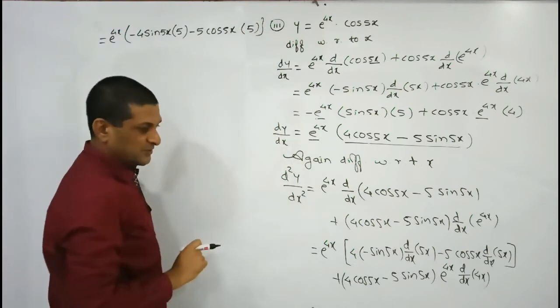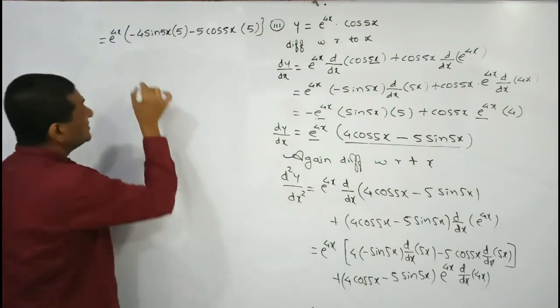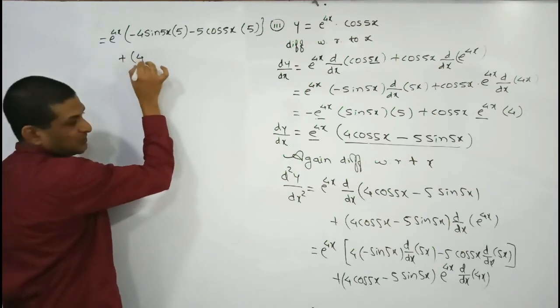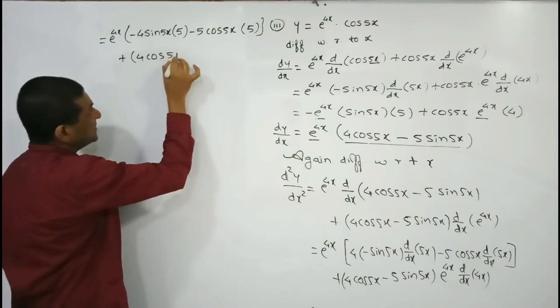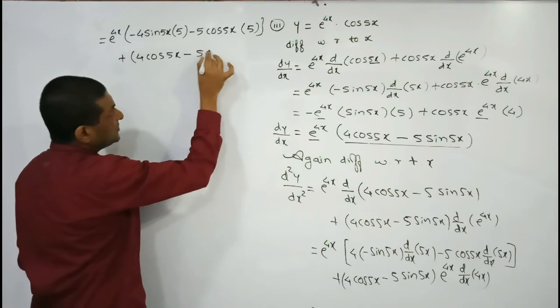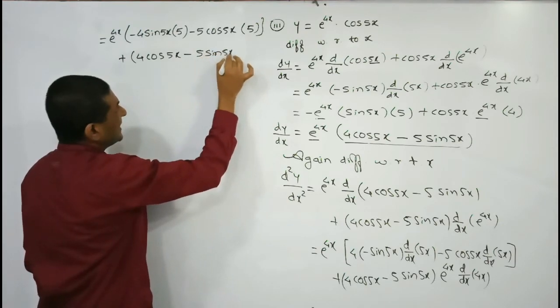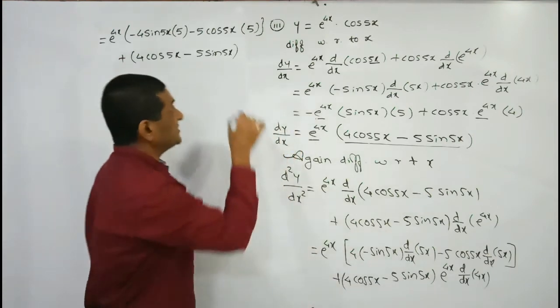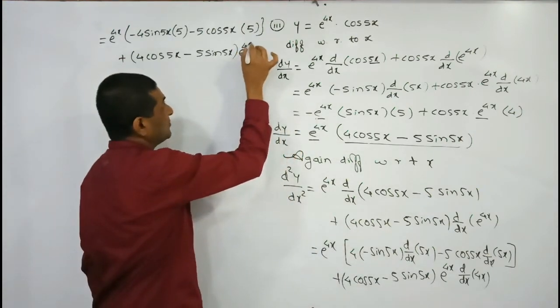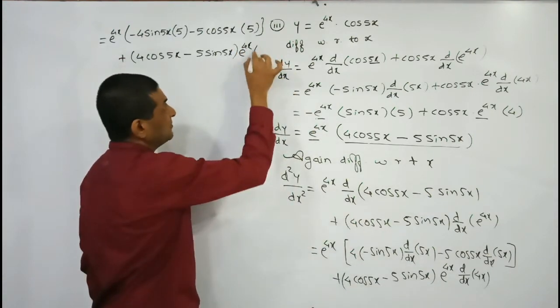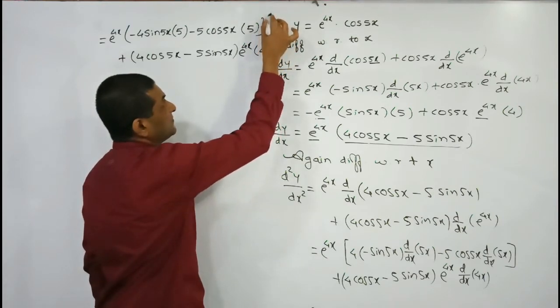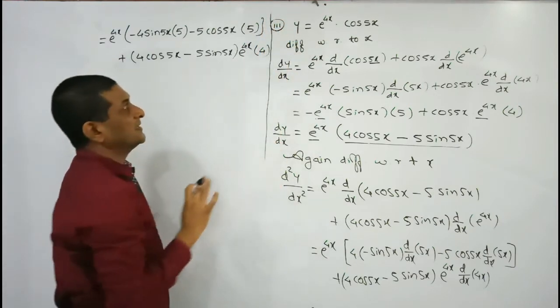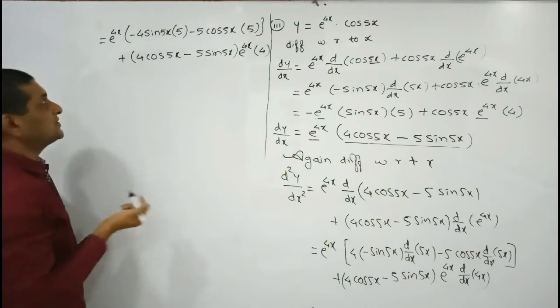Differentiation of 5x will be equal to 5. Here keep this term as it is, 4 cos 5x minus 5 sin 5x. Now derivative of e raised to power 4x is e raised to power 4x, and the differentiation of 4x will be equal to 4. In this way differentiation is completed. Okay, now the remaining part is just simplification.